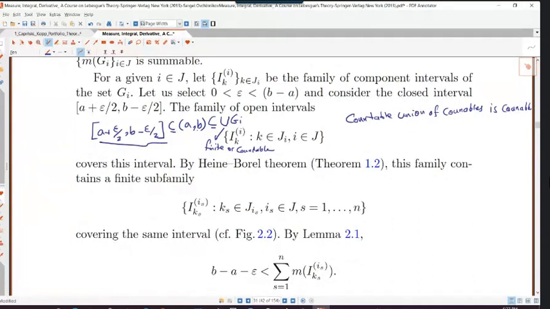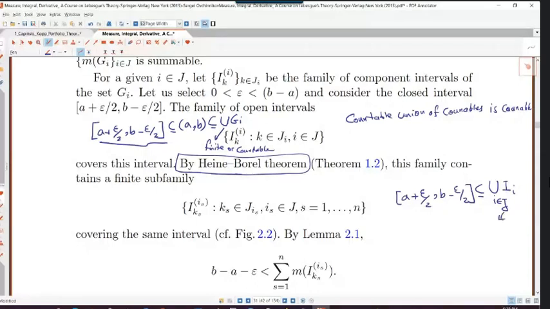And we have another thing that we use here. It's called the Heine-Borel theorem. Maybe you remember the notion of a cover. Okay. And the closed interval A plus epsilon over 2, B minus epsilon over 2 is a subset of a countable union of I. For example, I belongs to J, and J is countable.